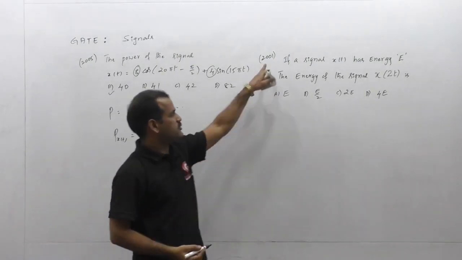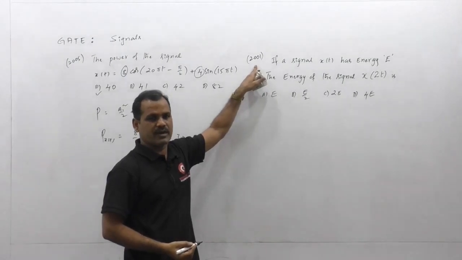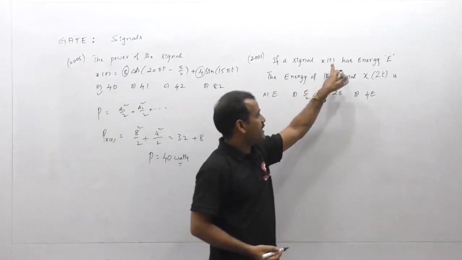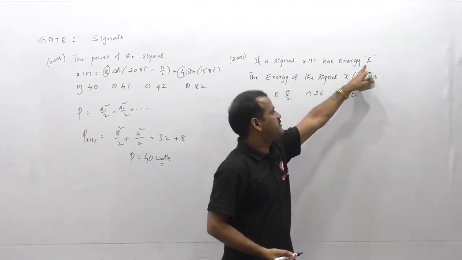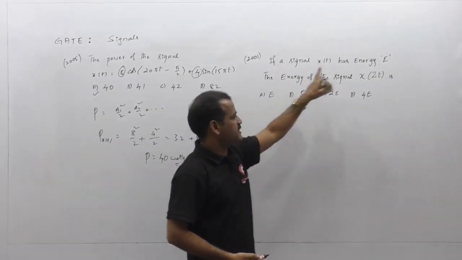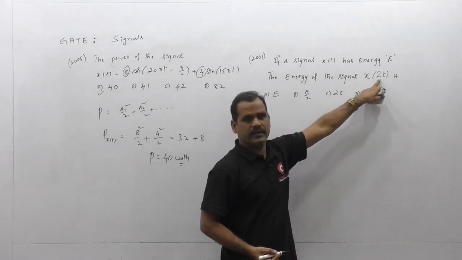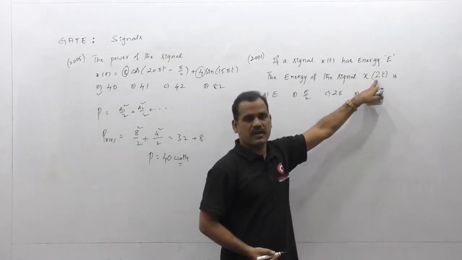Similarly, if you see the 2001 question about energy and power classification, we have x of t signal with energy E. It is given that the x of t signal energy is E, and then what is the energy of the given signal x of 2t, where t is multiplied with some constant k.